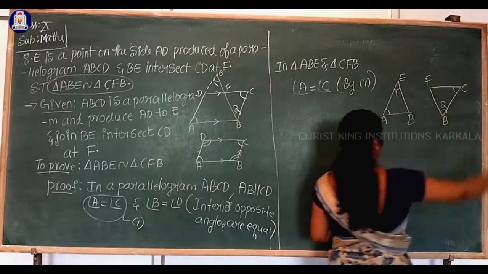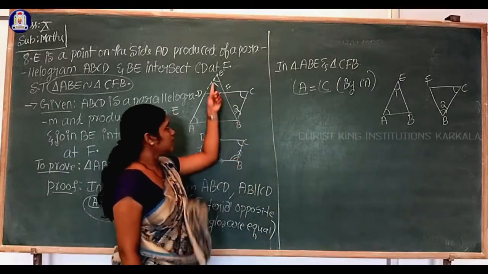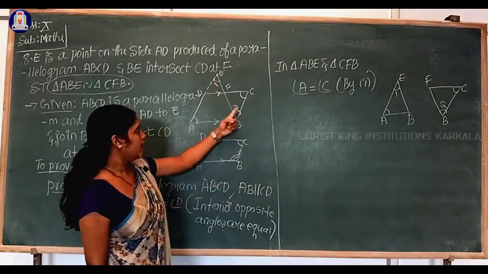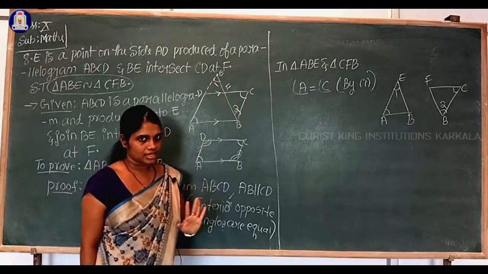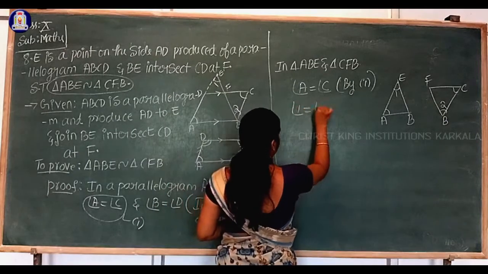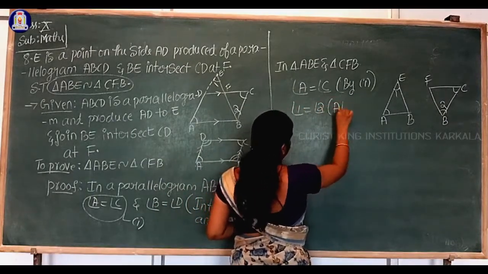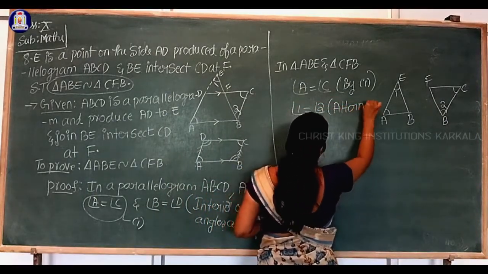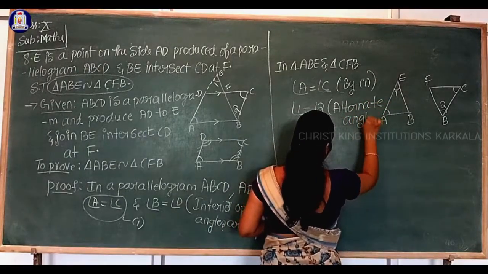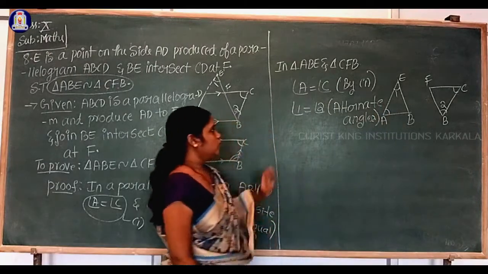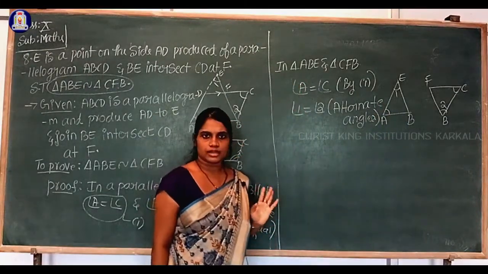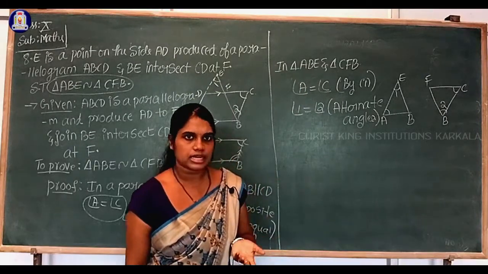See, we know that alternate angles are equal, isn't it? Angle 1 and angle 2, I'll mention them as alternate angles. So the second concept I get is angle 1 is equal to angle 2. What is the reason? Alternate angles. So by using these two equalities, angle criteria, can I say those two triangles are similar?